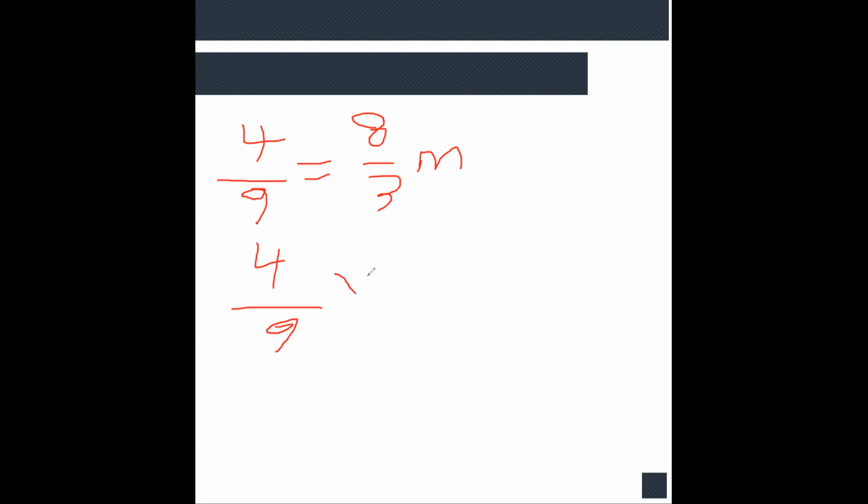So it's 4/9 is equal to 8/3 times m. So obviously you can divide both sides by 8/3, which is the same thing as multiplying 4/9 times 3/8, which is, and let me cancel, 1/6.